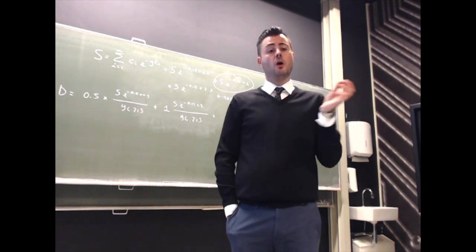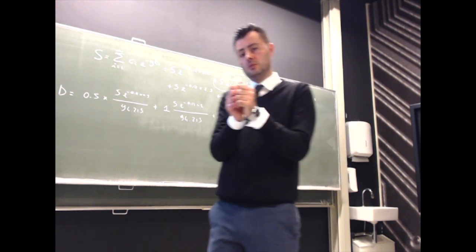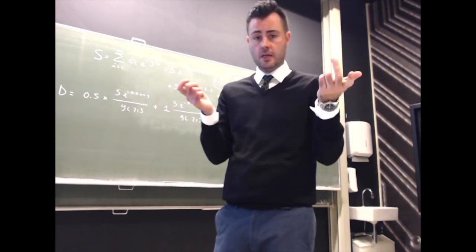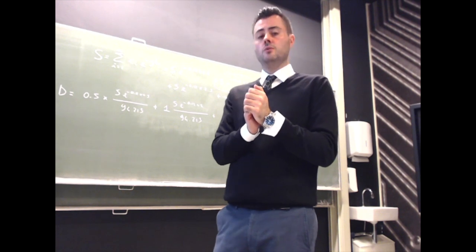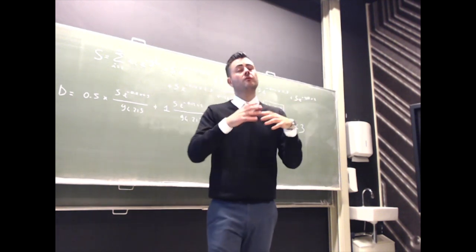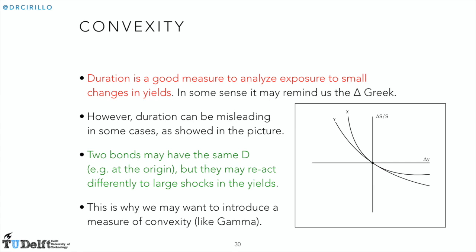We can have two bonds that have the same duration in the vicinity of a point, say the starting point at time 0, but then they have a different convexity. So if we use the duration approximation, we treat them as if they were the same, while they have different behaviors. So in order to deal with the convexity with respect to interest rates, we can introduce a measure that plays the role of gamma. This measure in interest rates is called simply convexity.